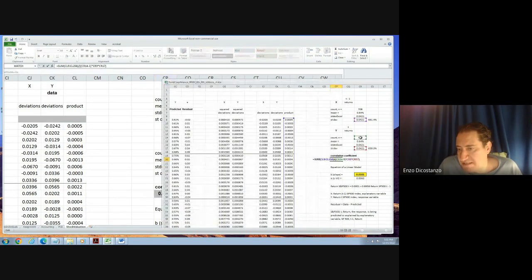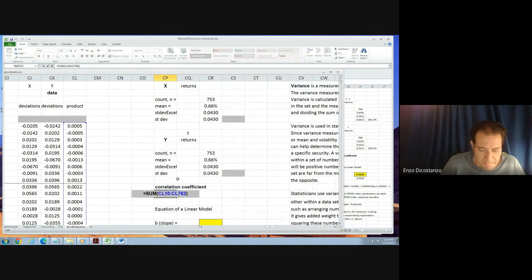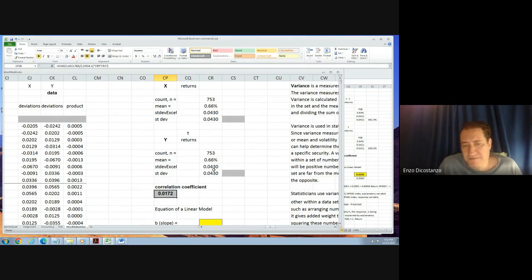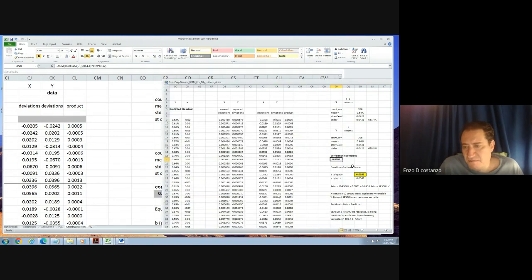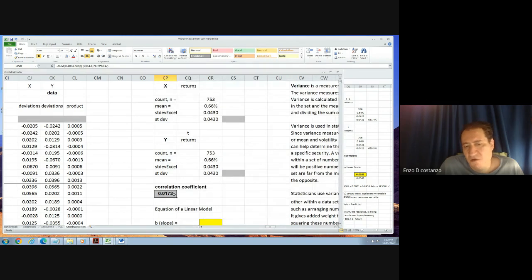It's 1 minus this times the two deviations. Now, minus 1 times deviation times that deviation. Yeah, it's about a similar number. 0101, 0172. Okay.